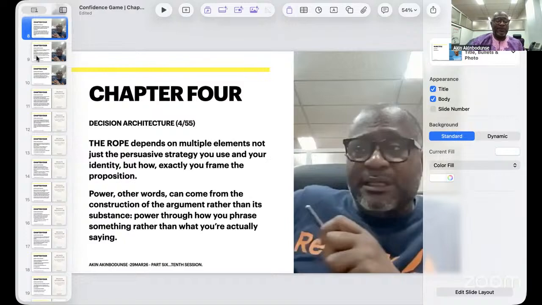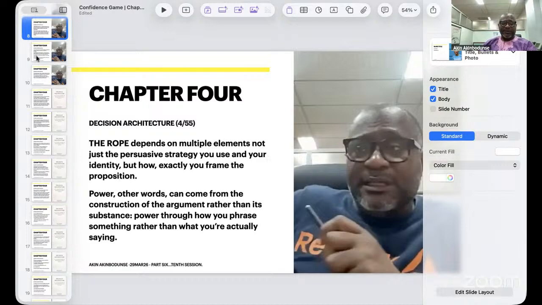How we frame the proposition goes a long way to convince someone to go along with it or not, and that's what we'll talk about: the decision architecture, how we frame the presentation. We can know all of these strategies, but how we frame the presentation goes a long way to convince someone to go along with it or not, right?